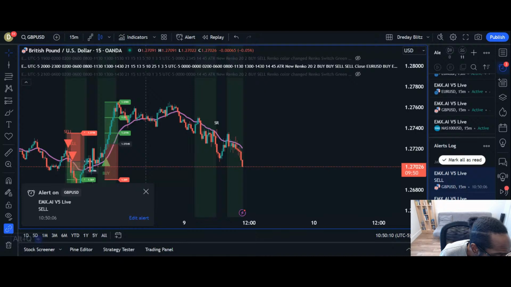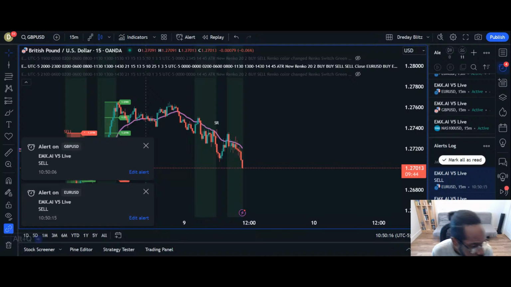So we have a sell on GU right now. So sell GU, and Euro USD is a sell too.